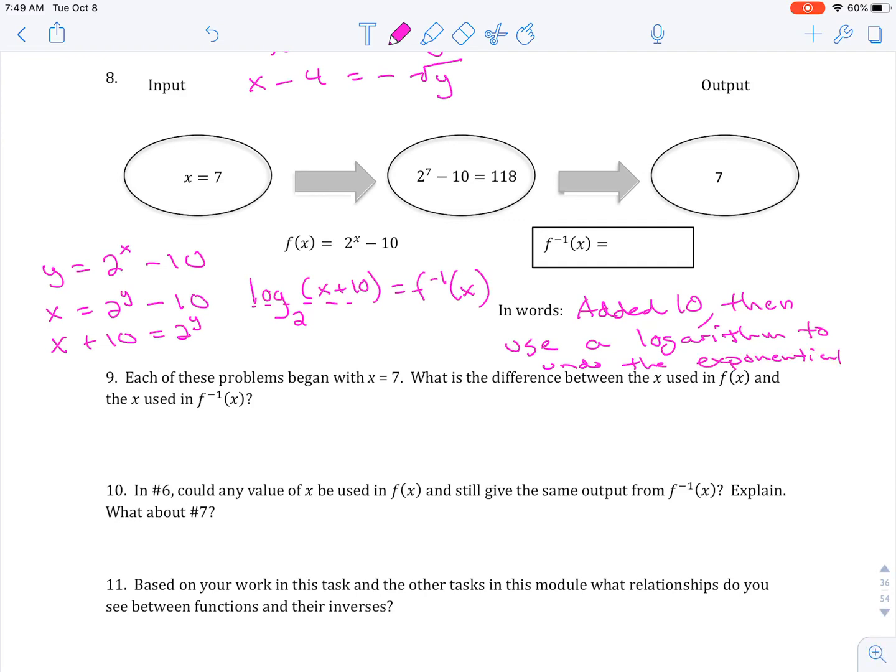Okay. Number 9, each of these problems begin with 7. What is the difference between the x in f of x and the x in f inverse of x?